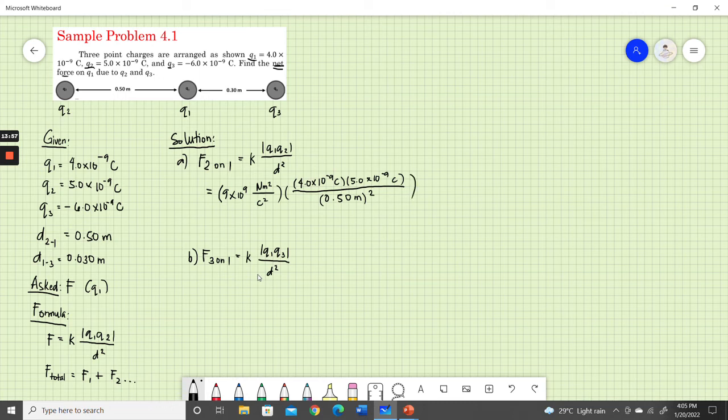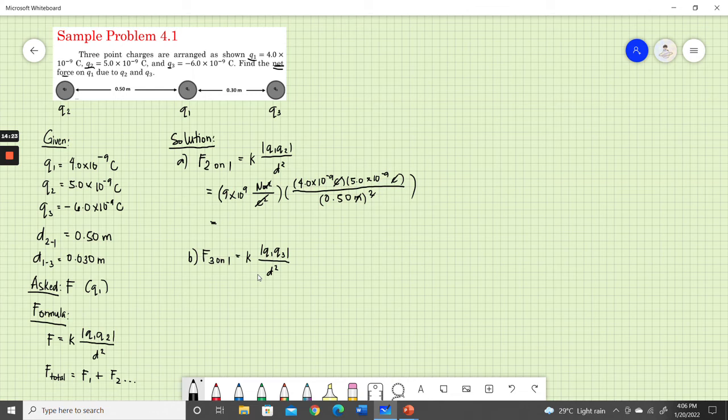Okay, so you just have to plug that in on your calculator. N squared is cancelled, so that m squared there is cancelled. So you just have to square 0.50, and then C squared here is also cancelled because C times C is C squared. So we are left with newtons, and we know that the unit of F should be newtons.